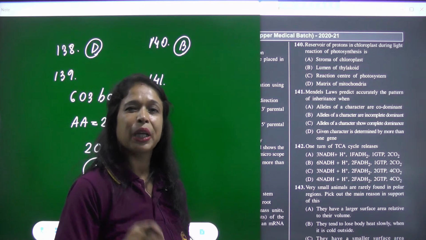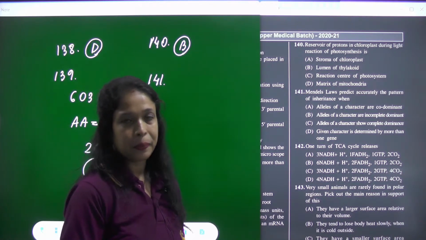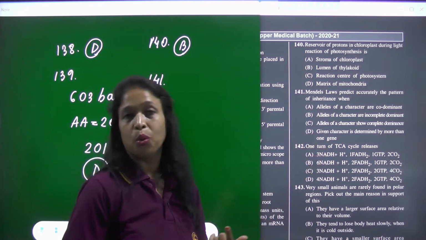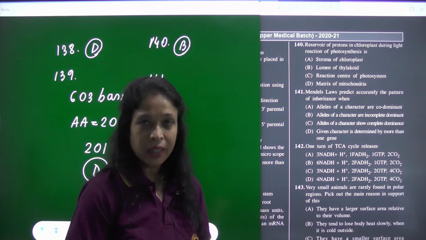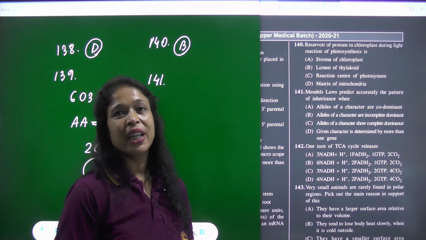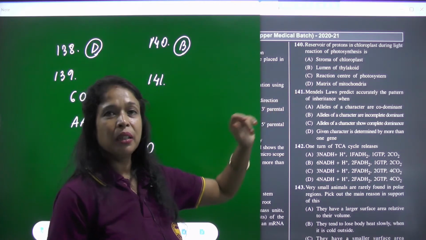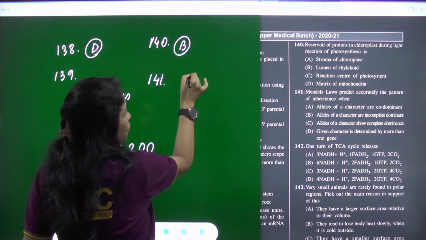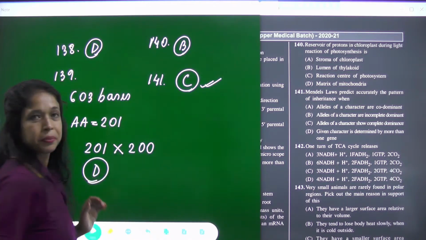Okay, it will show accurate pattern of inheritance if they show complete dominance. Given character is determined by more than one gene. No, one character, if it is determined by more than one gene, then we will call this what? Polygenic inheritance. So for question number 141, the Mendel law that will perfectly match is alleles of a character showing complete dominance. Yes.